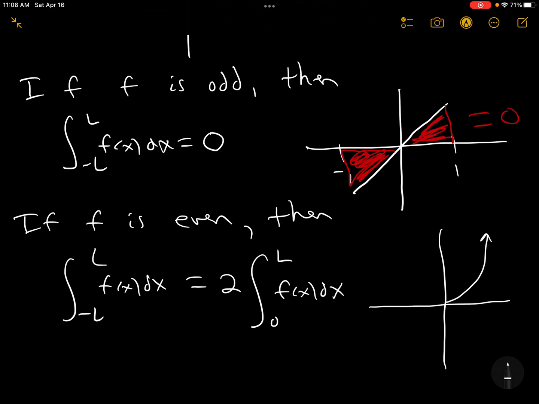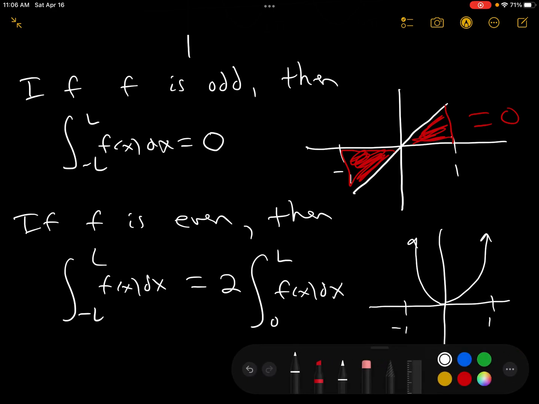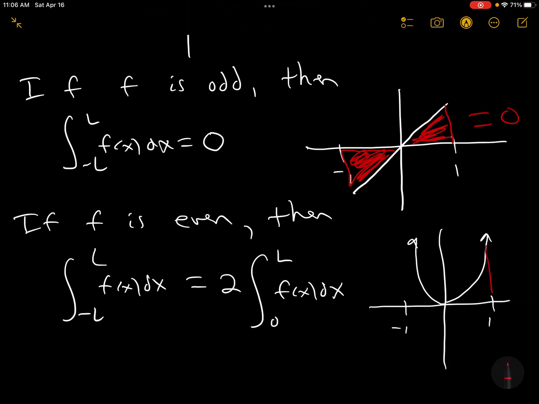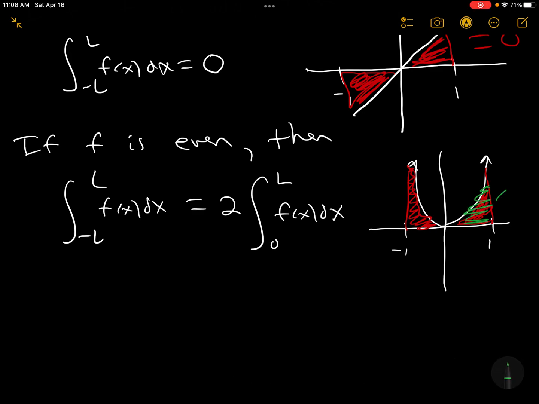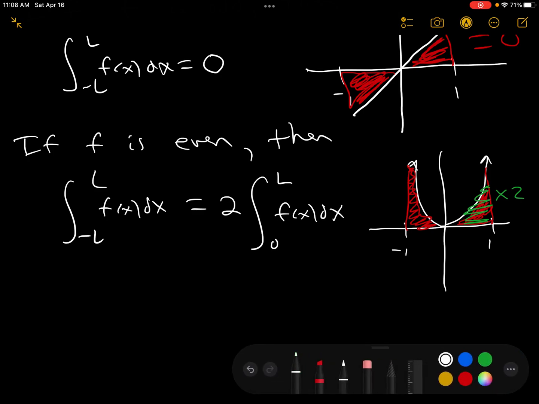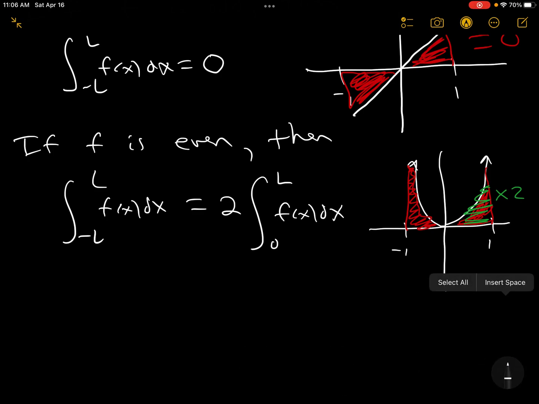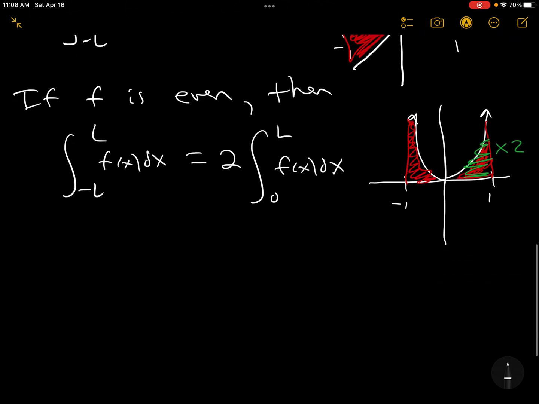If you look at an even function like x squared, you can see that this area is exactly equal to this area. So in integration, it's easier just to get this area here and multiply by 2. And again, all these problems can be done without these tricks, but they definitely make computations significantly faster.